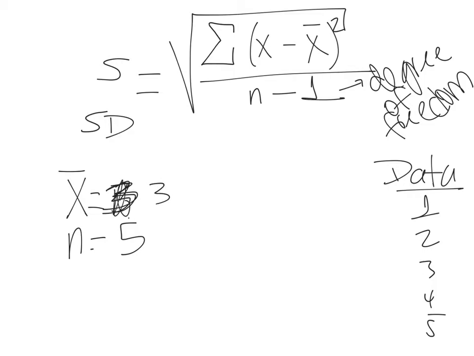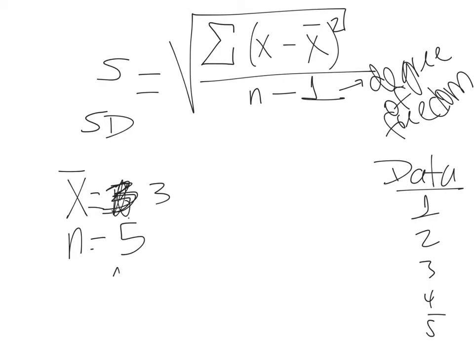So now that we have the mean, we have to calculate the squared difference between each score and the mean. We're going to perform this calculation for each.